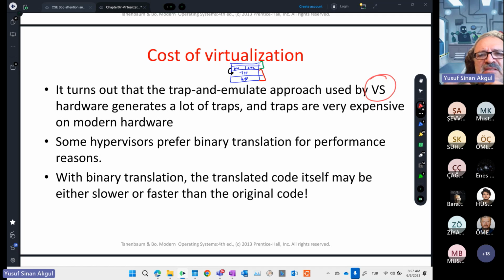When you handle a trap on old hardware, it is the same speed that you are running your instructions. But on modern hardware, you are running instructions faster than on old hardware. So it didn't make a difference on old hardware, but it became a bottleneck on modern hardware. No, not exactly. Try again.